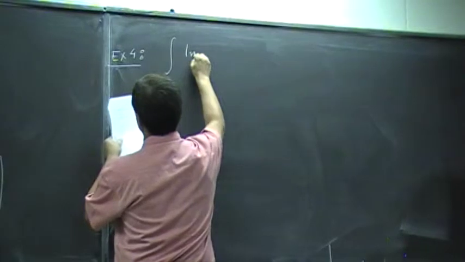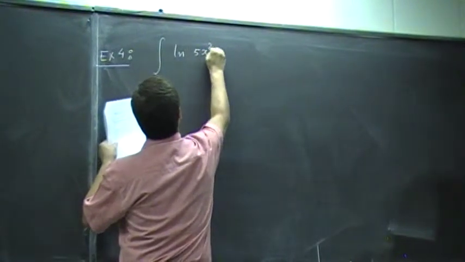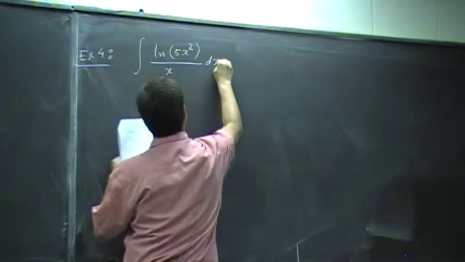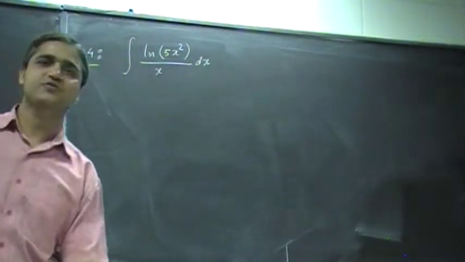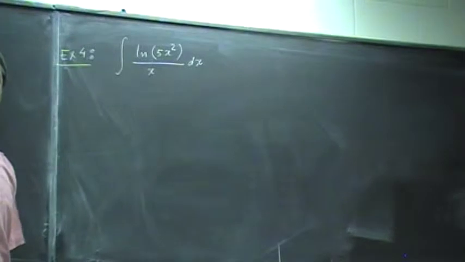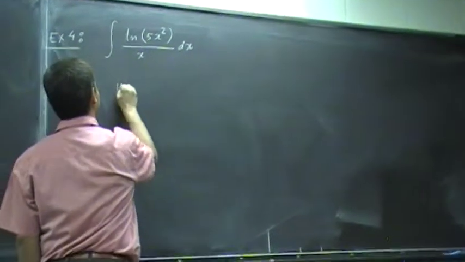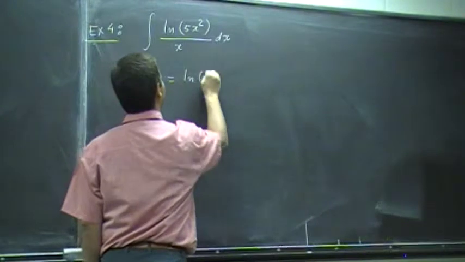Integral of natural log of 5x squared over x dx. What do you want to substitute for? ln 5x squared. Okay, let u equal natural log of 5x squared.